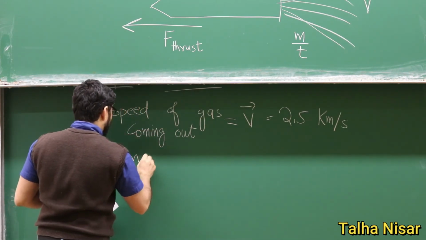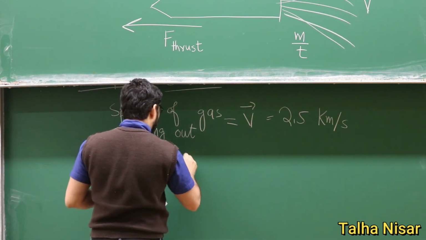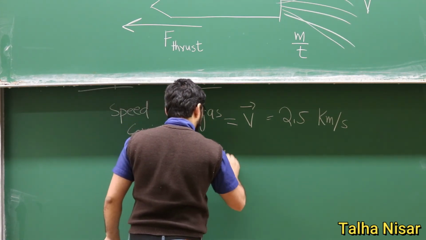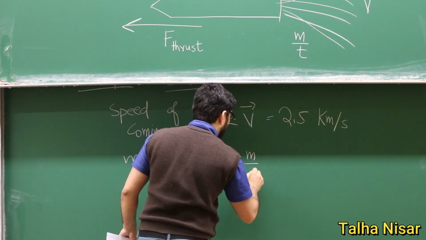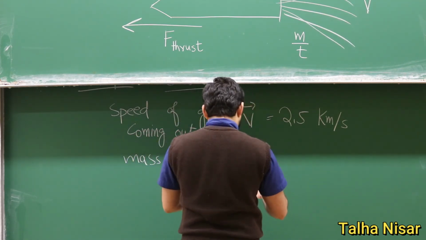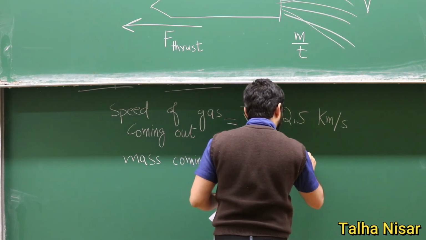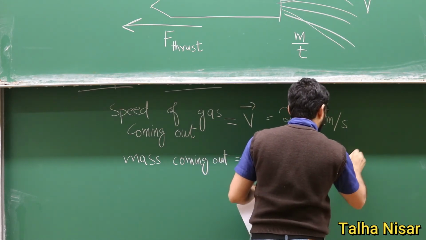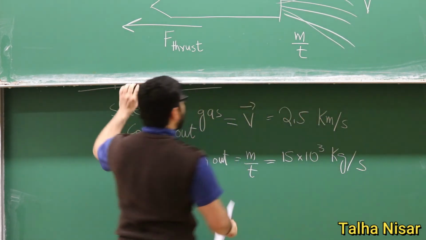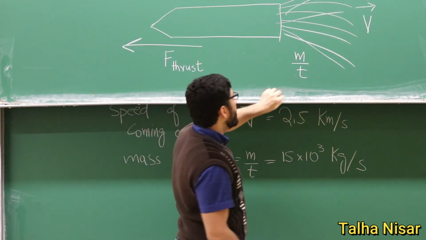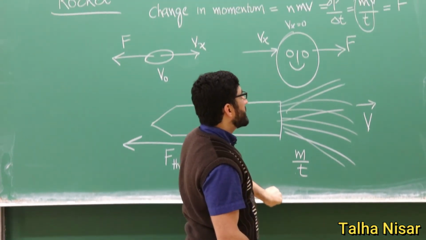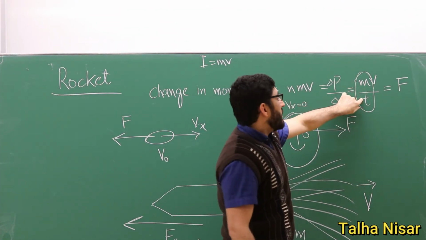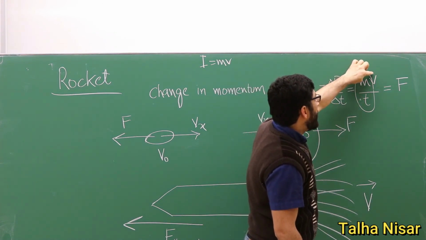And the mass coming out, which is mass divided by time, was 15,000 kilograms per second. So right now we have the mass per unit time, which is 15,000 kilograms per second, and we have the velocity.